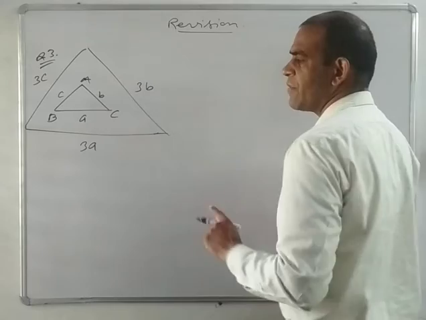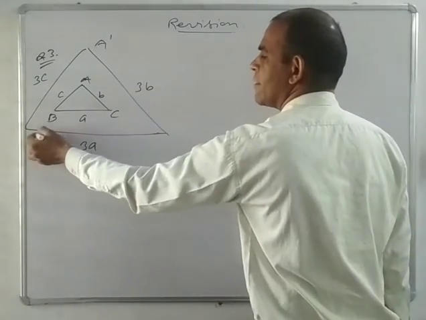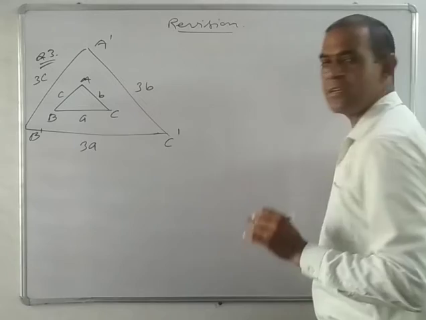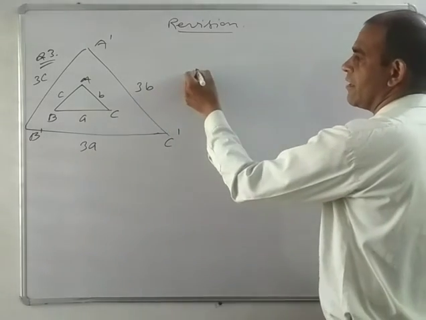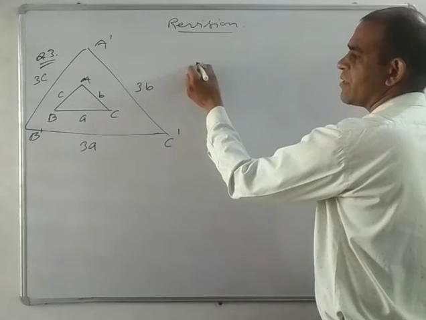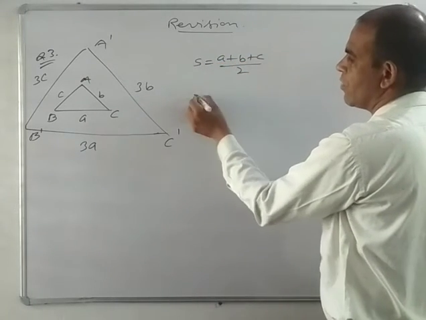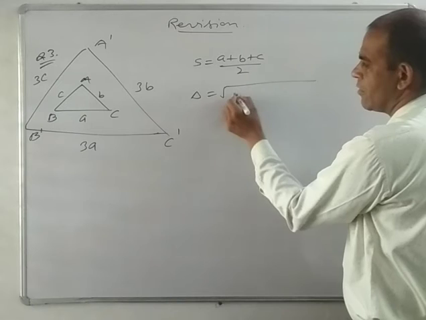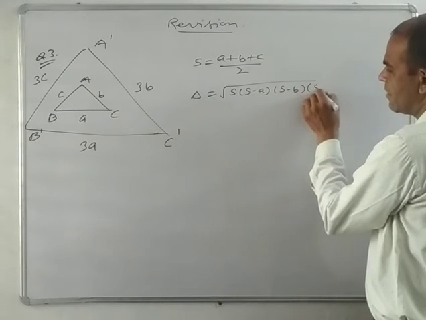ABC is the given triangle and A dash, B dash and C dash is the new triangle. So first of all find the area of the given triangle. The semi-perimeter is a plus b plus c by 2 and its area is square root of s, s minus a, s minus b, s minus c.